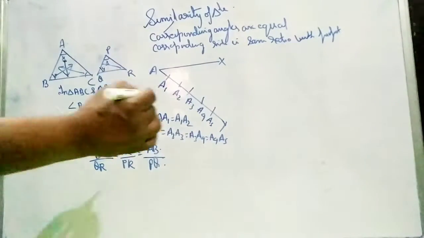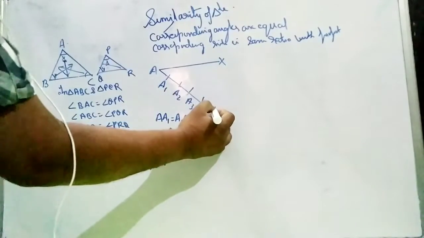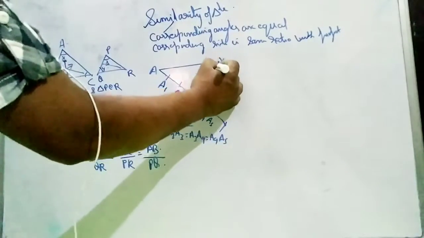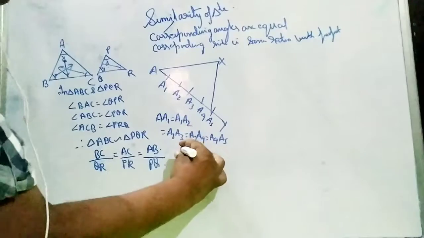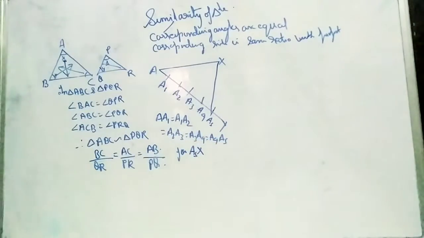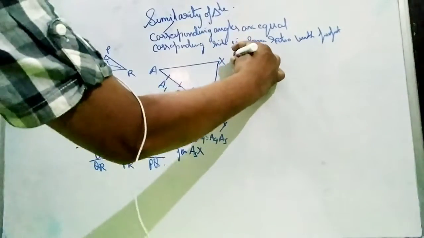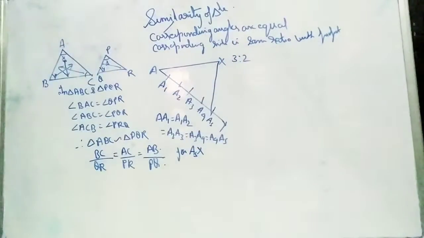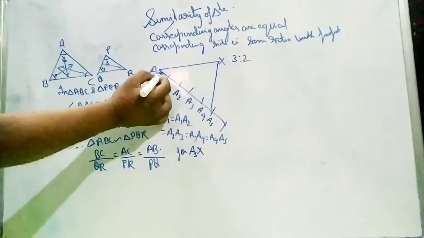Now, join A5 with X. Because we have to divide the line in a ratio of 3:2, from here we will take the 3 parts.